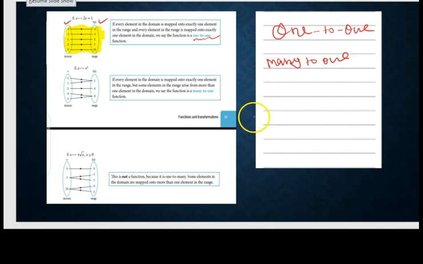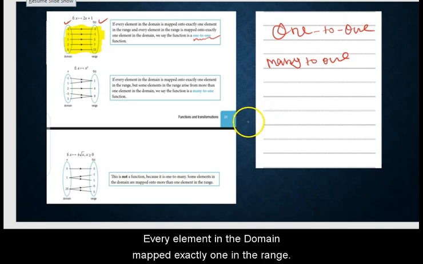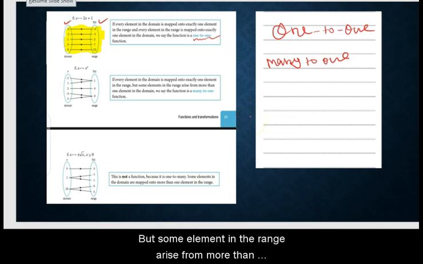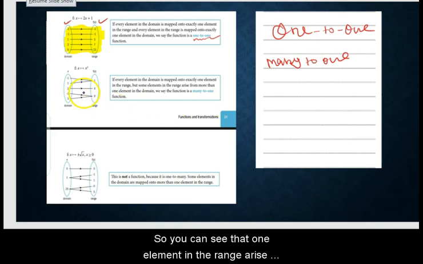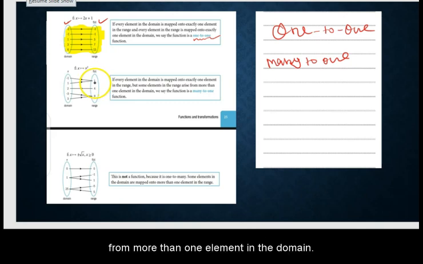Pay attention. You can see that one element in the range arises from more than one element in the domain.